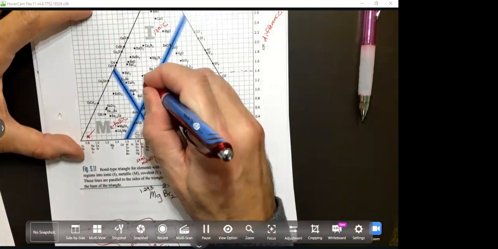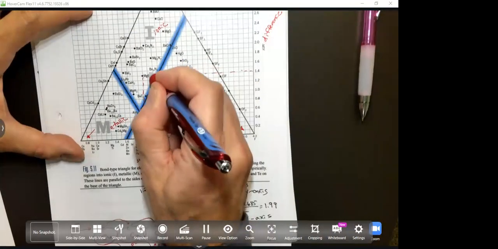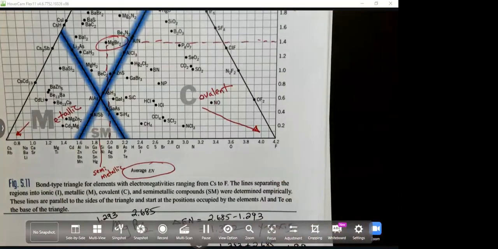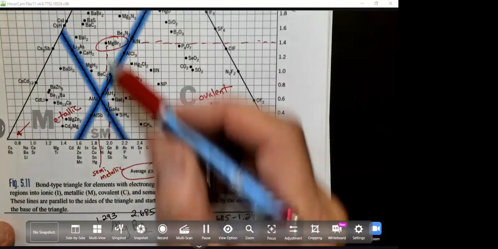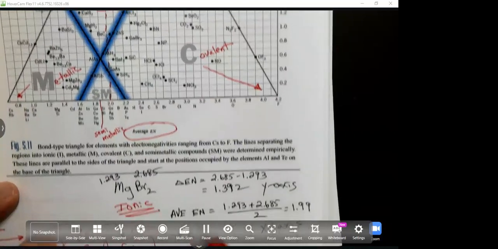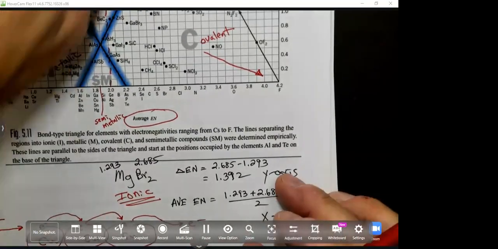Oh, it's on here. There it is, right? So then we know it is in this ionic region. This is ionic. I gridded it out. I found it. It's ionic.